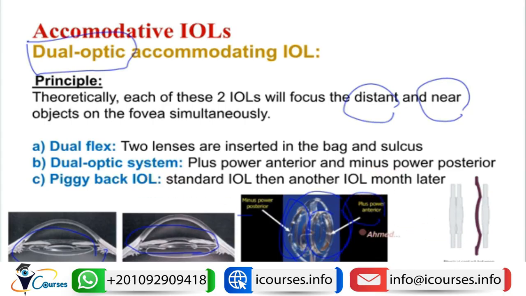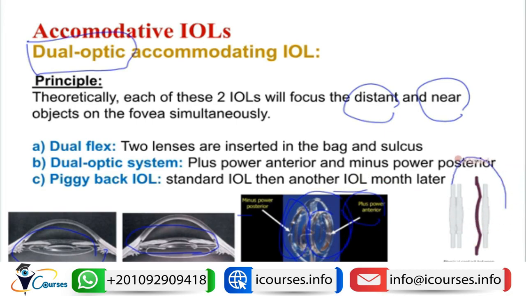Piggyback intraocular lens is done by putting two intraocular lenses in the posterior chamber. A single IOL is inserted in the first surgery. Then after 1 month, another intraocular lens is placed in front of the original one.